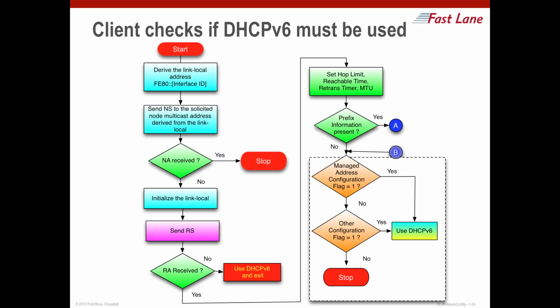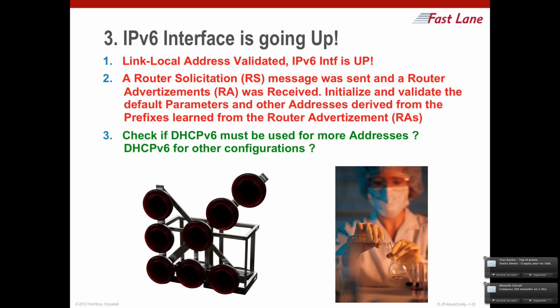This is because the router advertisements may not contain all the information we need, and we may not need to use DHCP to get an address, but we may need it to get some information that we cannot have from the router advertisements. So that's the last step of the process.